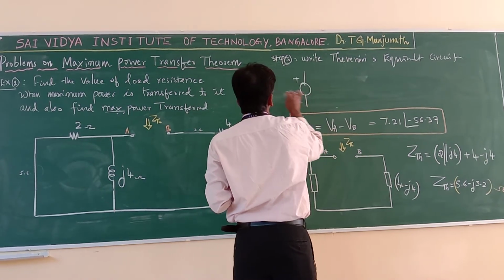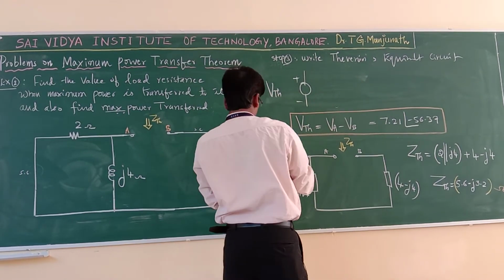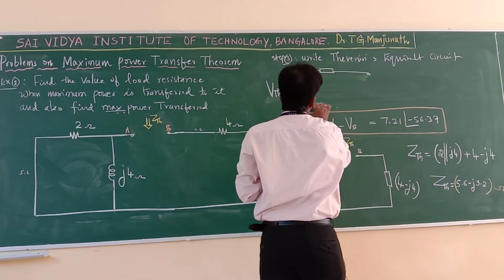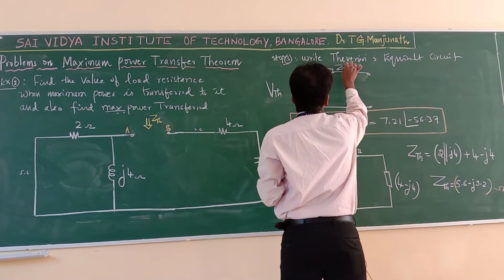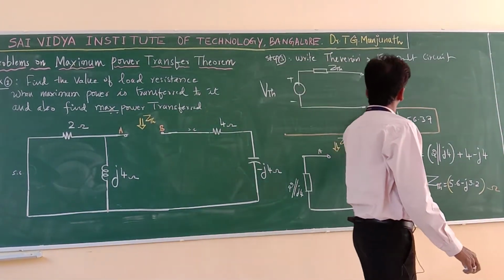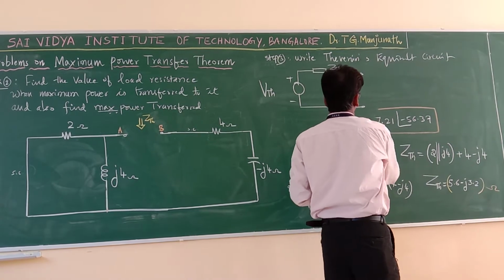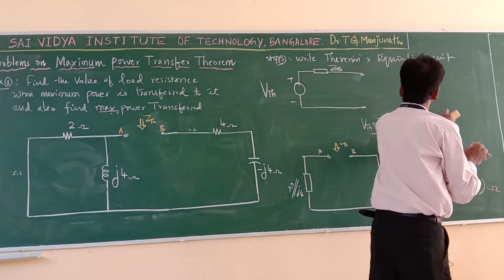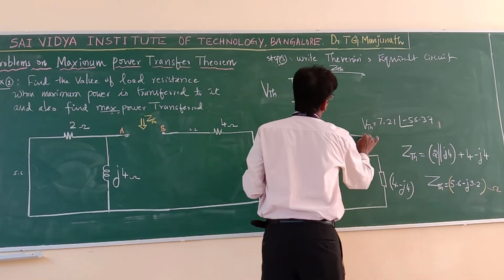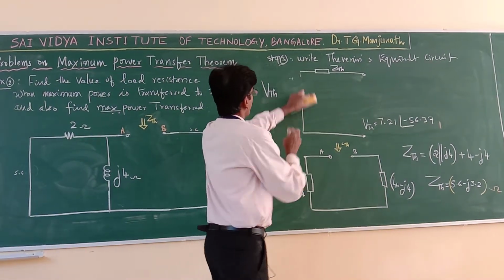A voltage source V Thevenin in series with an impedance Z Thevenin. This is your Thevenin's equivalent circuit. So this is your V Thevenin value. So I'll rewrite this. Okay, this is your circuit diagram.